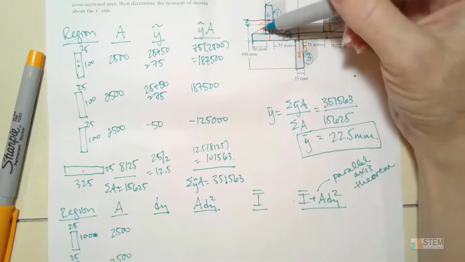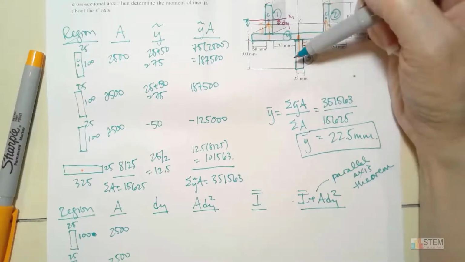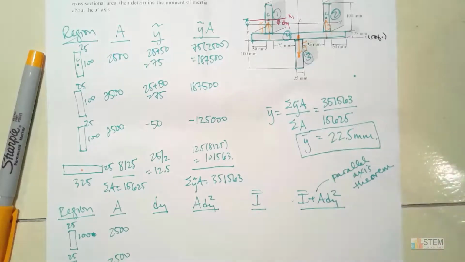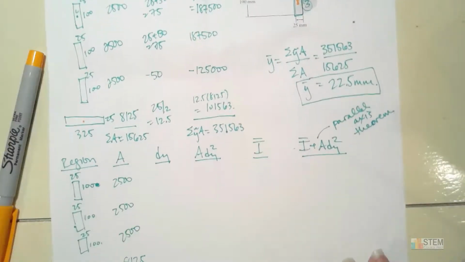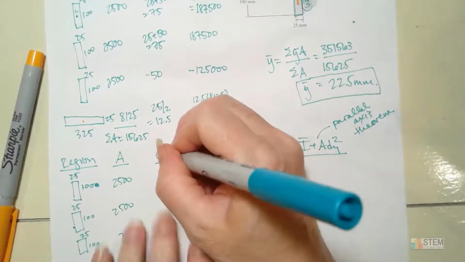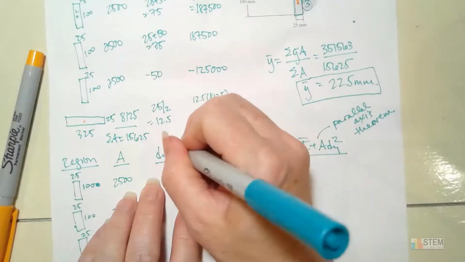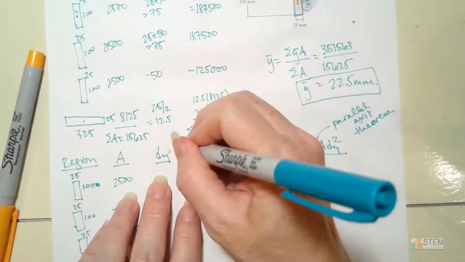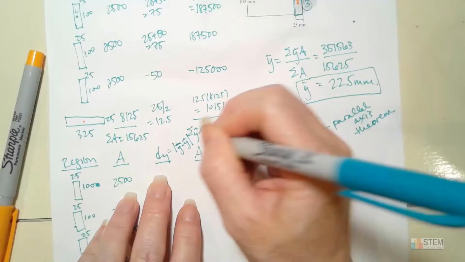Okay, so we want to take the difference between these two values. We're going to square it over here, so it doesn't really matter if it's positive or negative. We just need to find that difference. Okay, so that's what we're going to do. So let's just put absolute value of y bar minus y tilde.